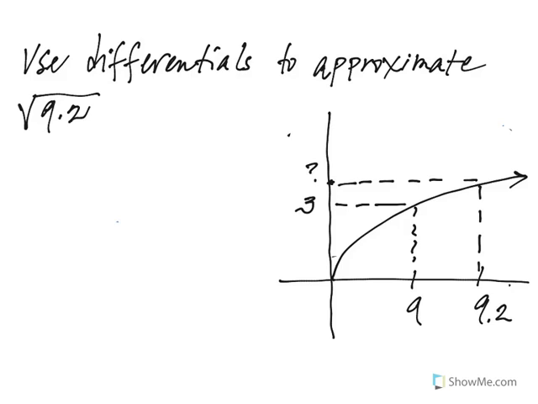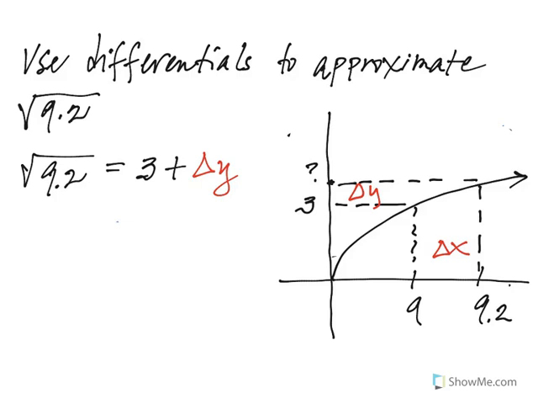I think you would agree, just based on this picture here, that the square root of 9.2 is going to be equal to 3 plus, let's call this again, this is delta x, this is delta y, 3 plus delta y. If I start here at 3 and I add delta y onto it, I will get what I'm looking for here, which is the square root of 9.2.